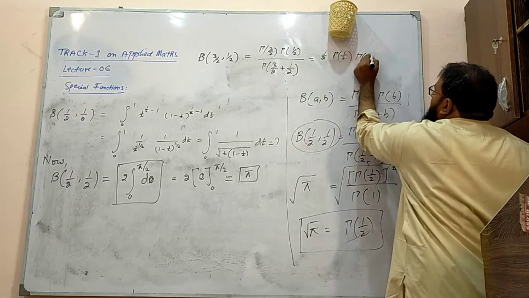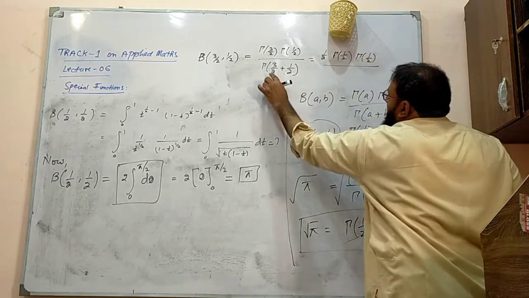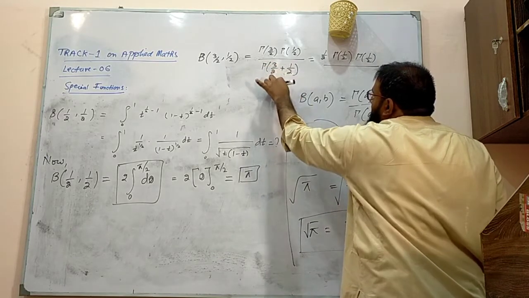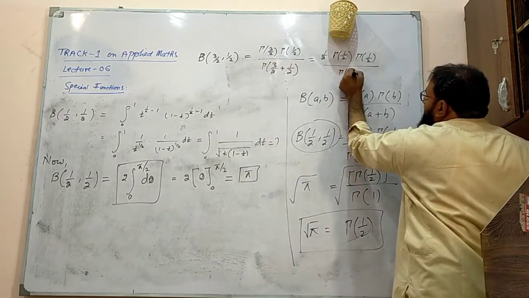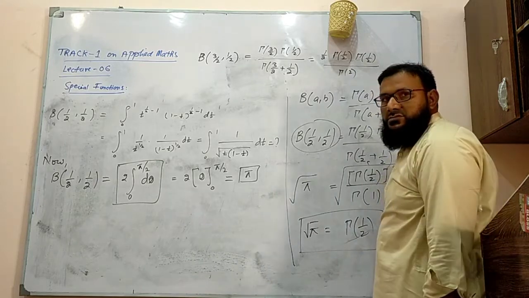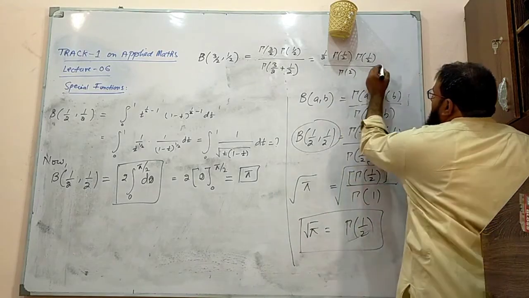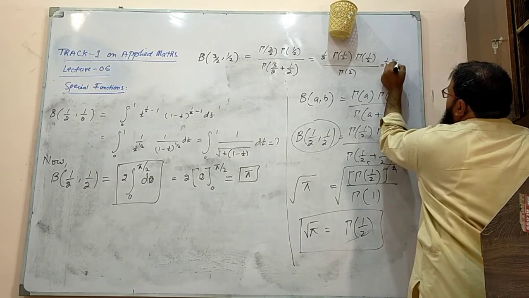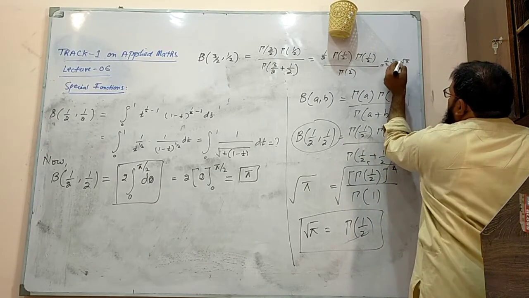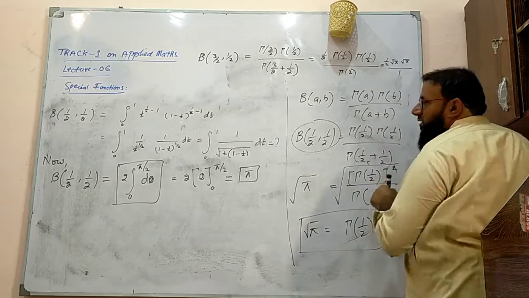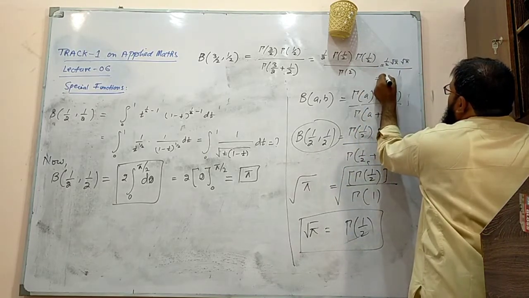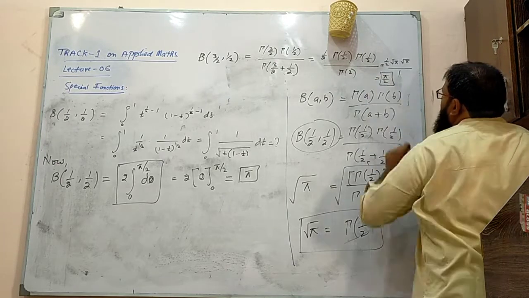And this is gamma of 1/2 again. And in the denominator, 3 plus 1 is 4, by 2 it means gamma of 2, which will be 1. So now this becomes 1/2, gamma of 1/2 is the square root of pi, the square root of pi, and gamma of 2 is 1. Then we are done. This is going to be pi by 2.